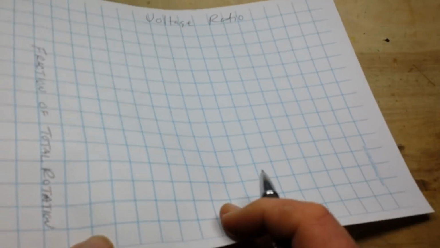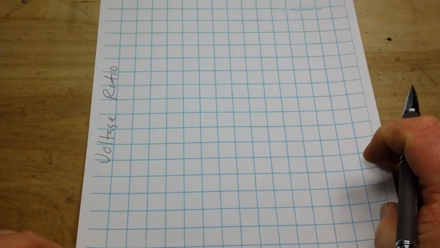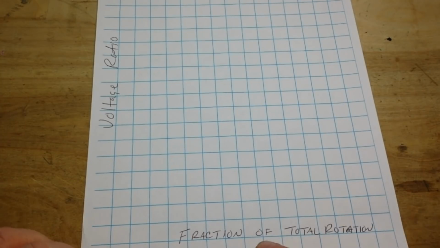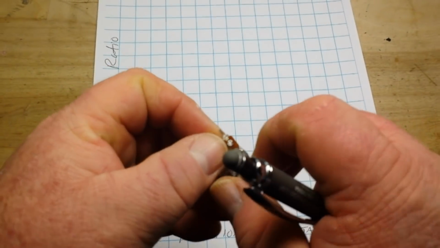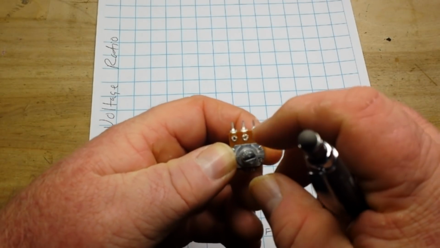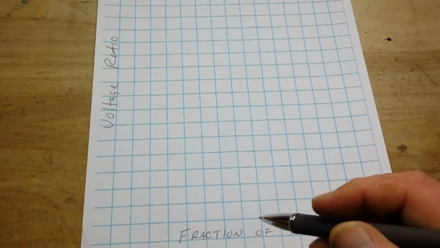So if we look at this kind of on a graph, where in the horizontal position we have the fraction of total rotation, whether our pot is at 10%, 50%, 90%, whatever.